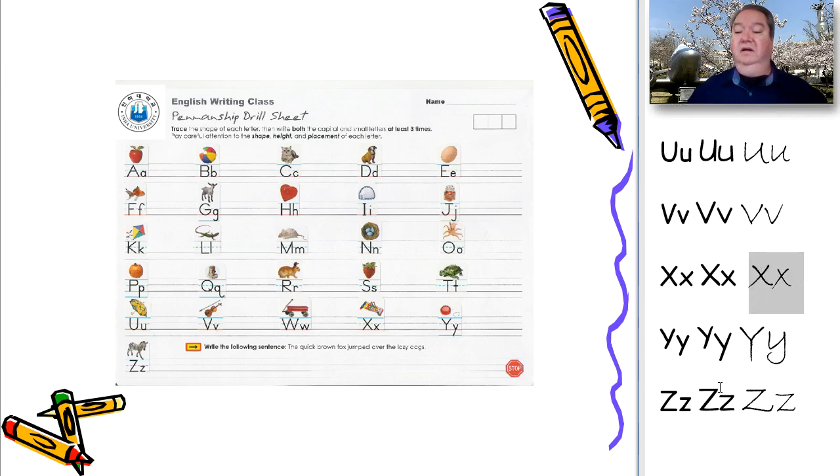Y, you can make Y with like 3 lines like this, or like they did here, you can do 1, 2, 3. Okay, 1, 2, 3, or you can simply do 1, 2, which is probably more common.